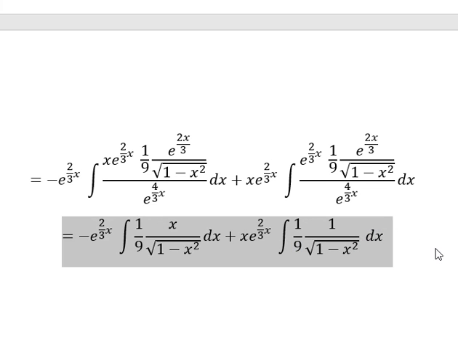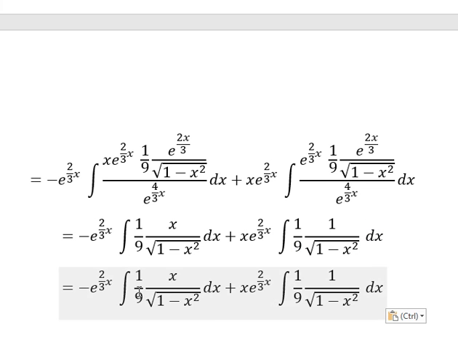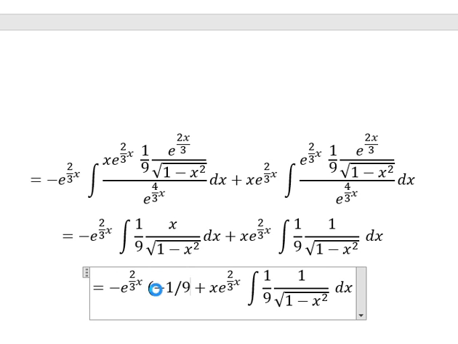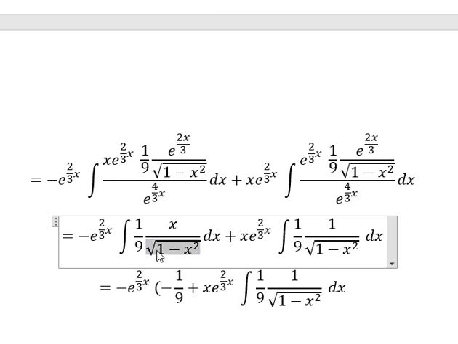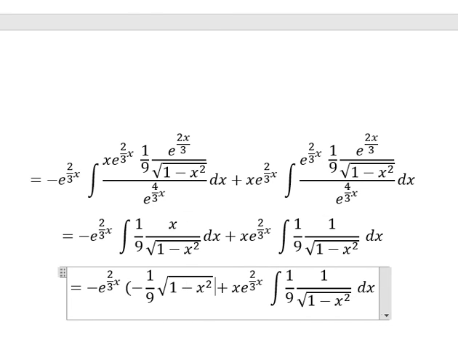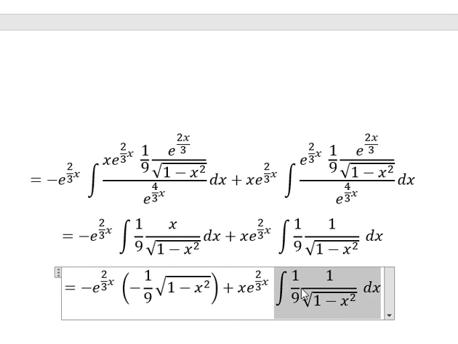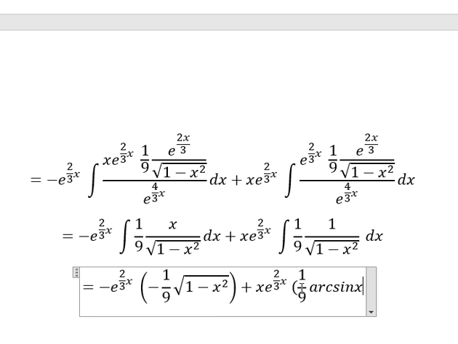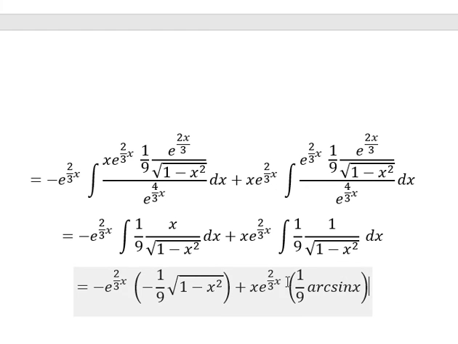And now if we calculate this integration, we have negative 1 over 9 with the square root of 1 minus s squared. This one we have 1 over 9 arcsine of s. So negative and negative, we have positive.